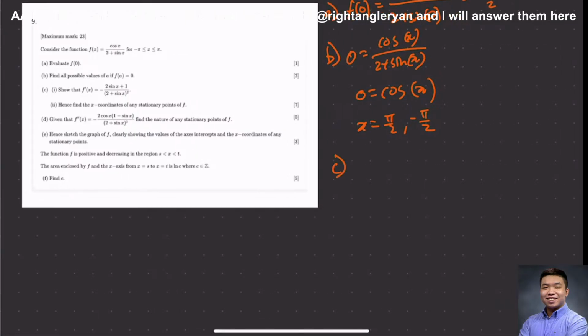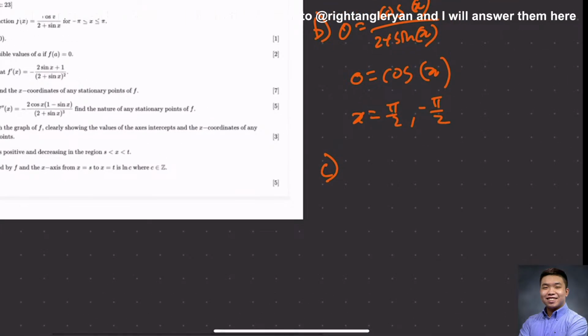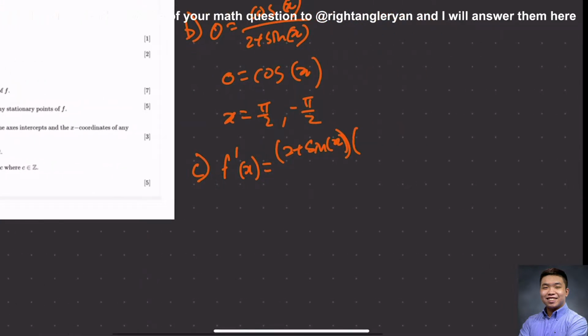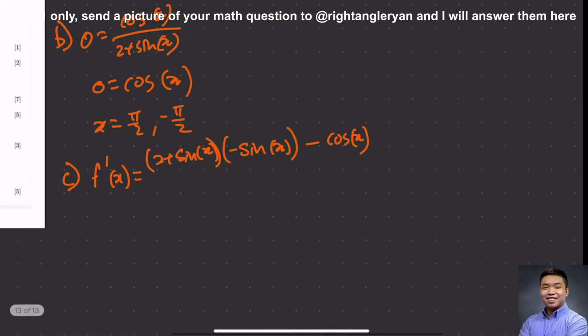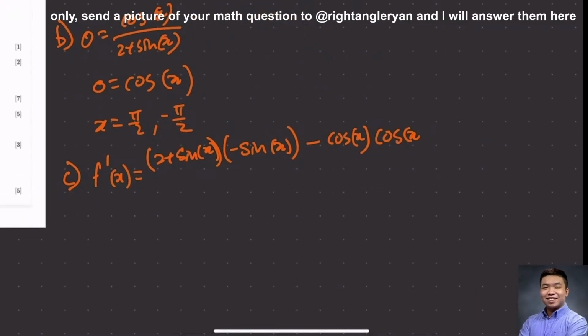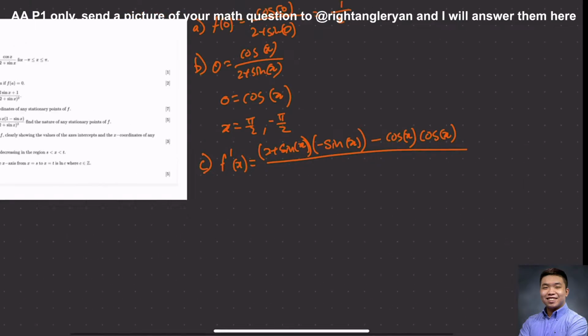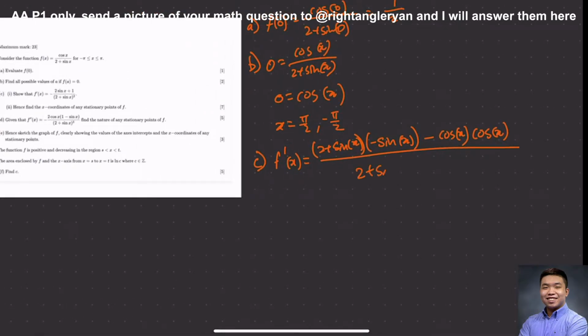Part c, show that the derivative of f is as given. So the derivative will be low d high, so cosine becomes negative sine, minus the high d low, so sine becomes cosine, over low low, so 2 plus sine x squared.